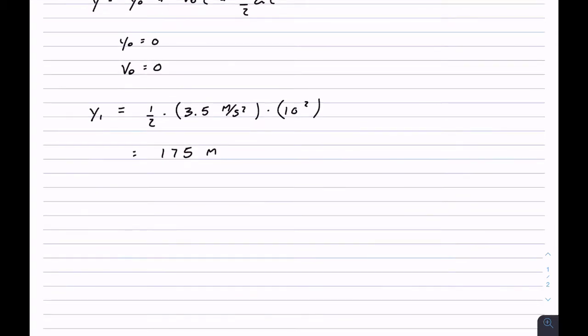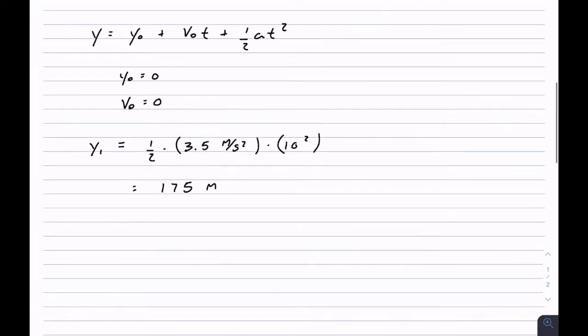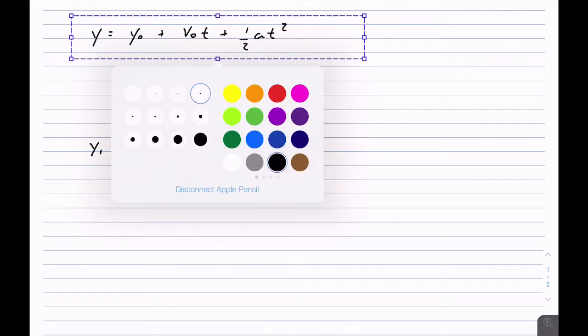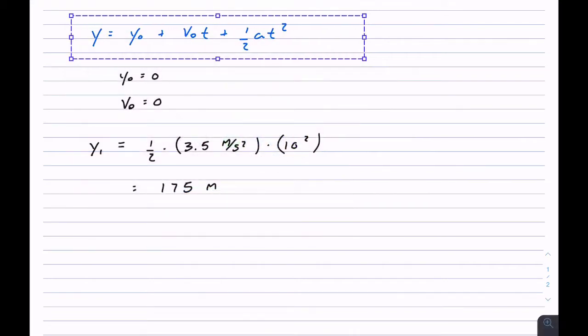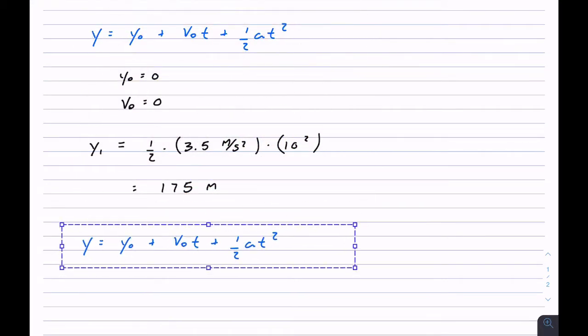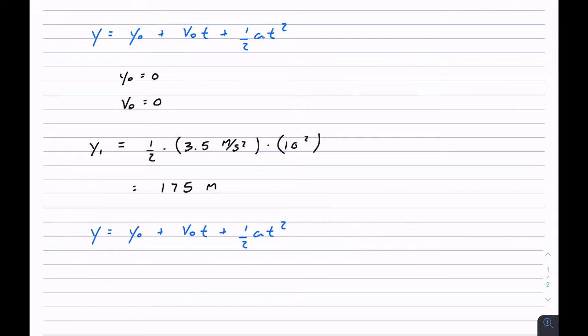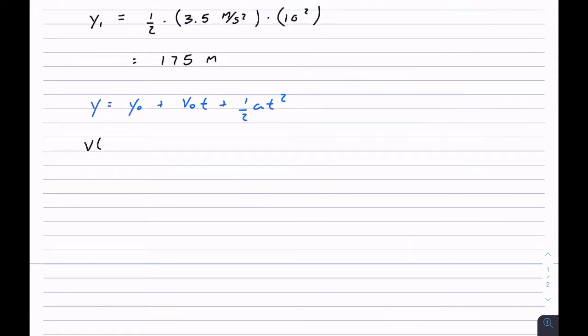Next, D2. We are asked how long, oh no, sorry, we need to know the speed of the rocket as well. So going back to our standard kinematic equation here, if we take the derivative of this equation, we'll end up with a function for velocity. So the constant goes away, it's going to be 0 plus v naught plus at.